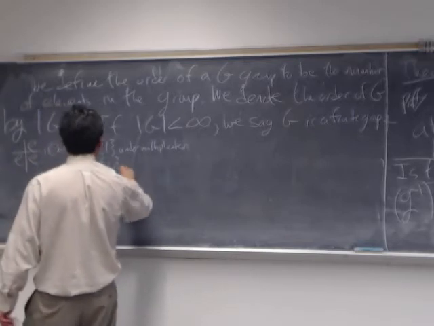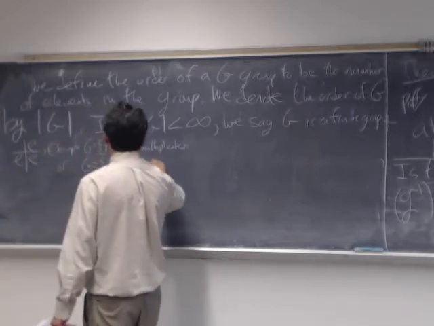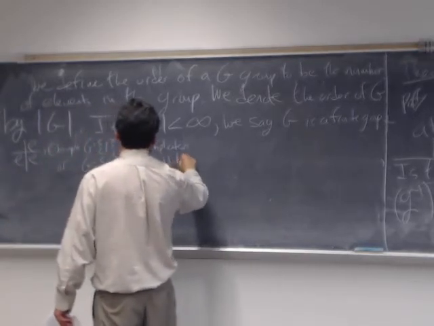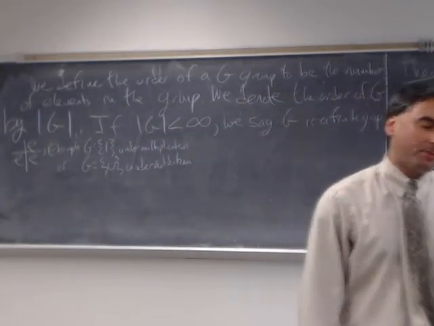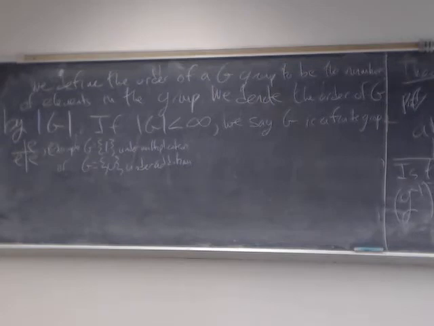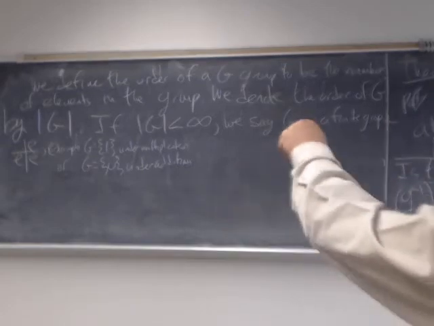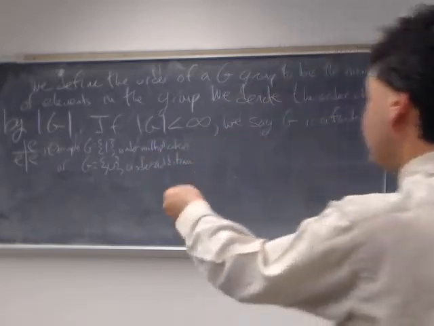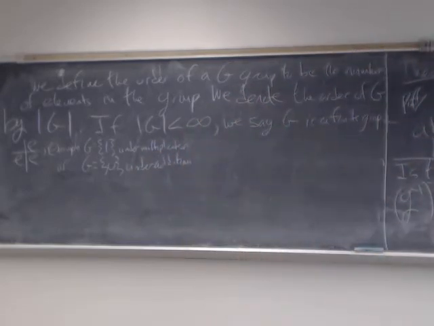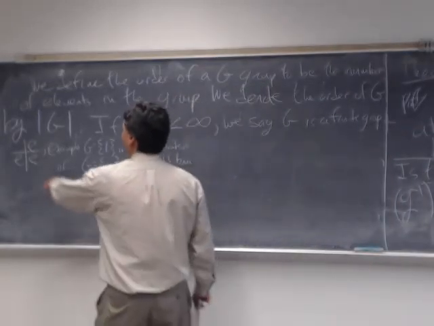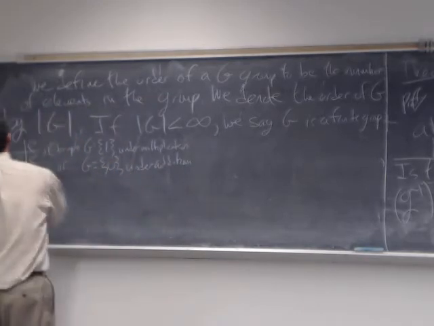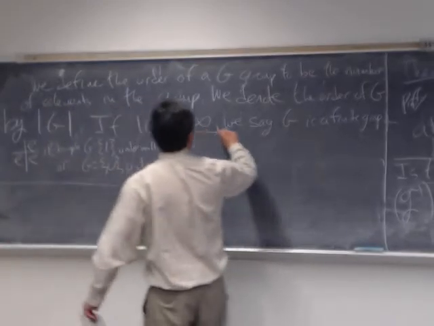Or G could be {0} under addition. And these, we'll get into this in a deeper concept here, but in some ways those would be the same. They look like a Cayley table. It's almost like if you took a paintbrush and instead of E, you wrote 1, and said multiplication, that would be one group. If you wrote 0 instead of E and said addition, that would be a different group, but it's really the same group.